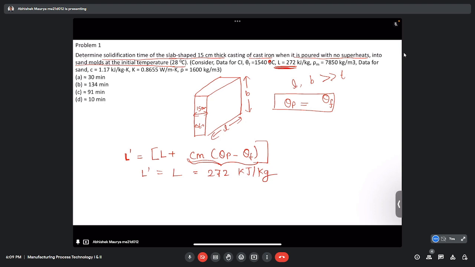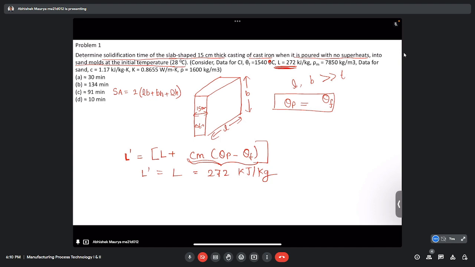It is somewhat a cuboidal shape. So the surface area will be equal to 2 times length into breadth plus breadth into height plus length into h.